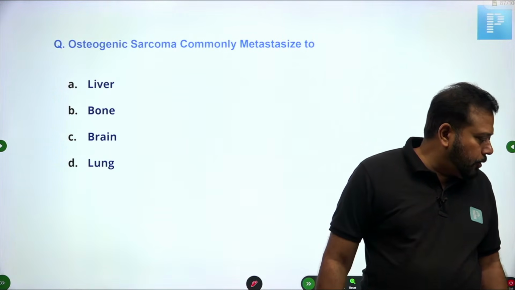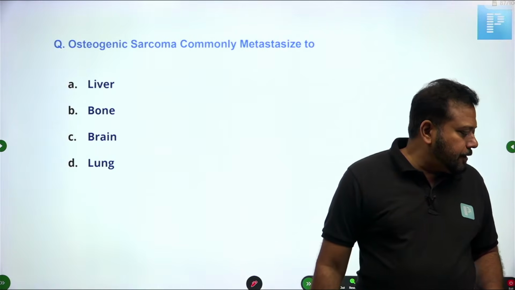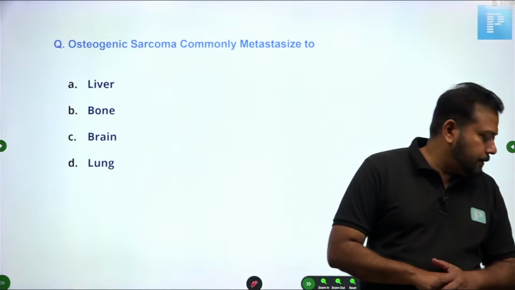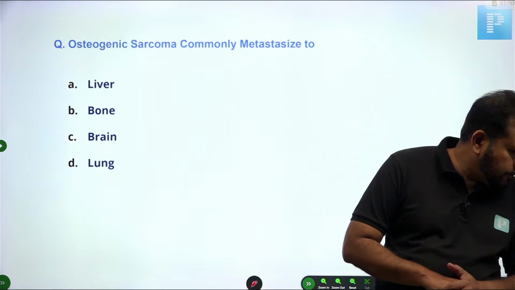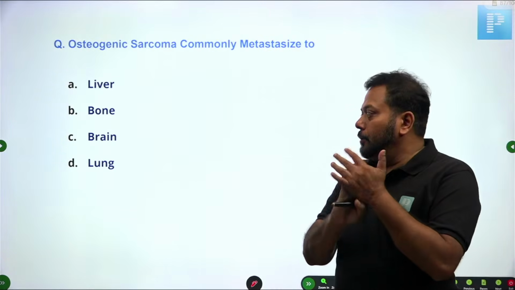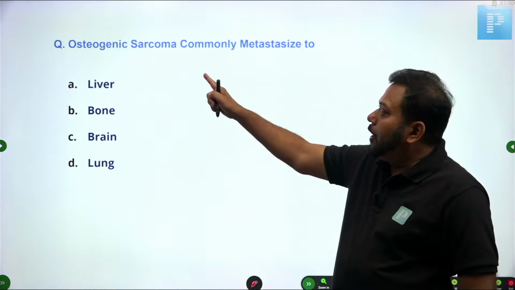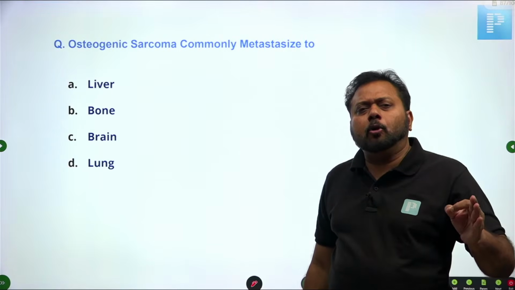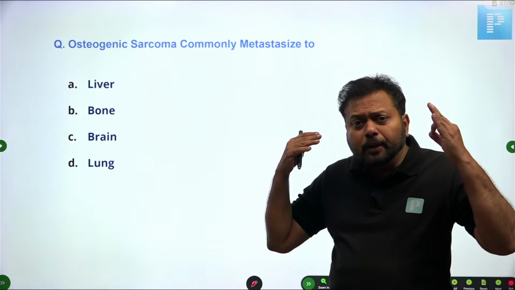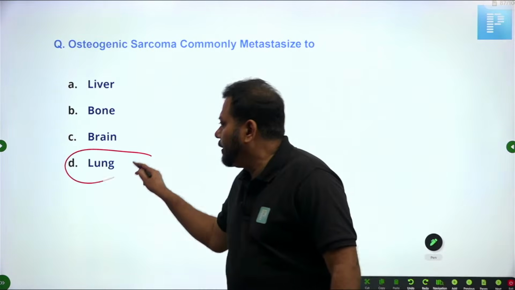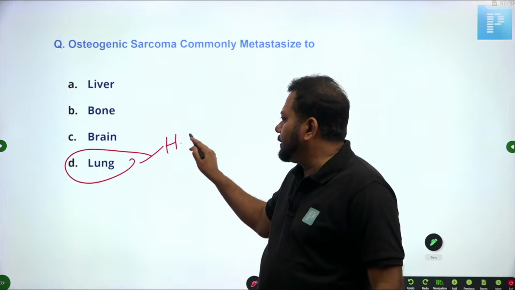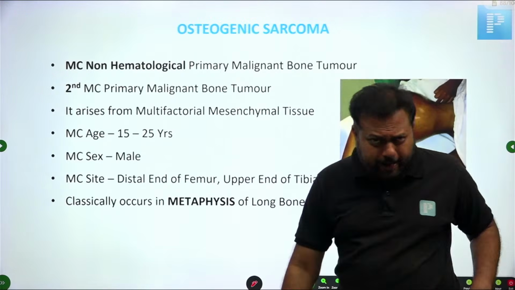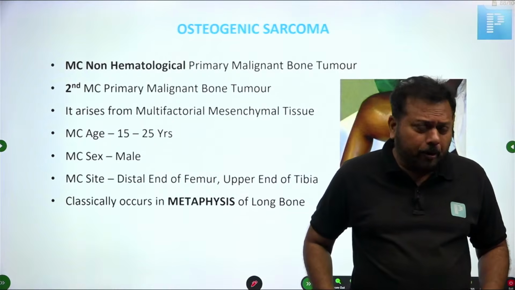Oh, superb. Yogesh, Dixit, Prajwa, very good. Many of you have answered correctly. The notorious problem with osteogenic sarcoma is that it metastasizes to the lung very fast by blood, hematogenous spread. There is no question paper without the topic osteogenic sarcoma.